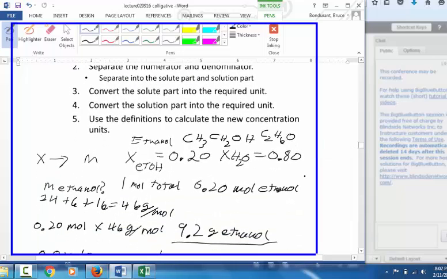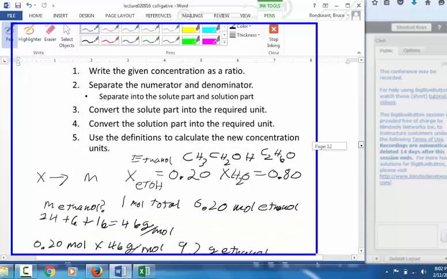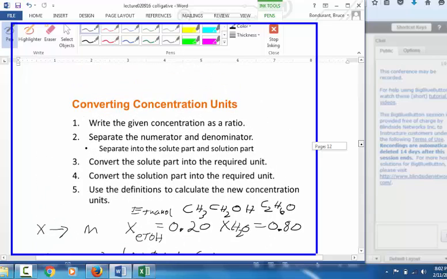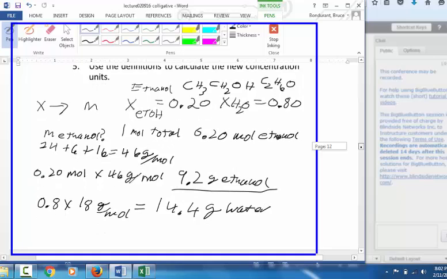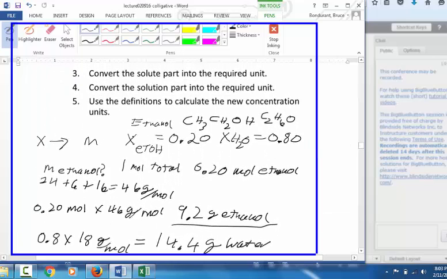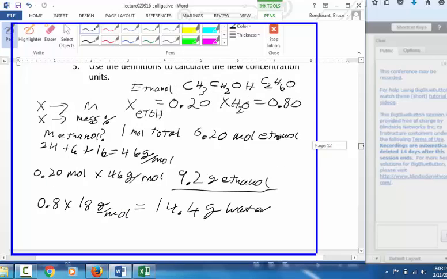So this is a problem I was just doing, and I just want to show how the conversion works, because Tro just says a little bit about it, convert each piece and so on. So I wanted to take something that seemed fairly complicated, like turning a mole fraction into a molality, and also into mass percent, taking ethanol in water.